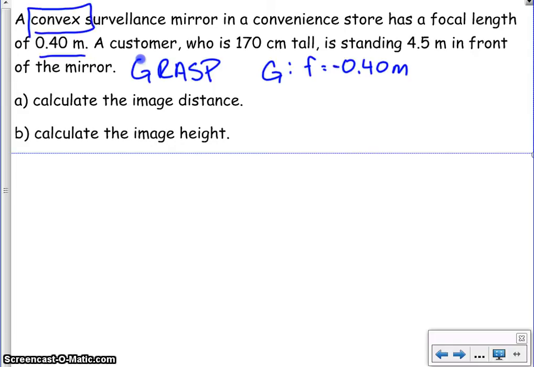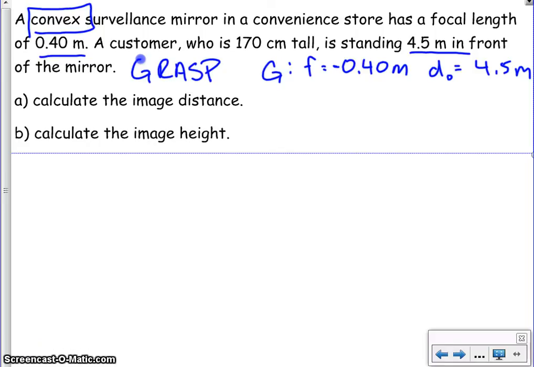Convex mirrors have negative focal lengths. That's important to remember. And here we have a person standing 4.5 meters in front of the mirror. That's the object distance, so 4.5 meters.